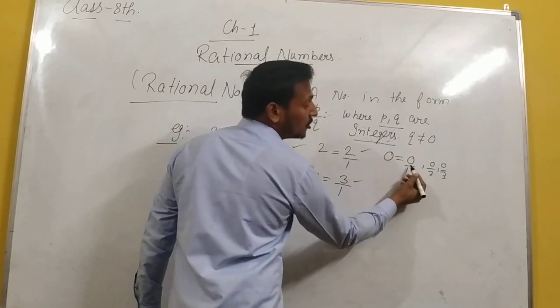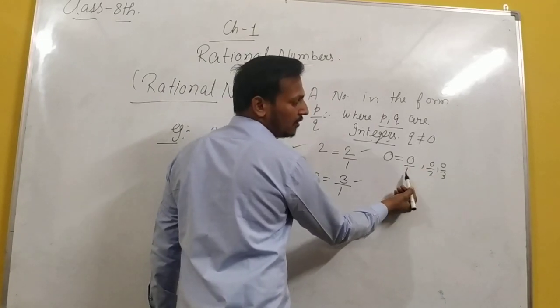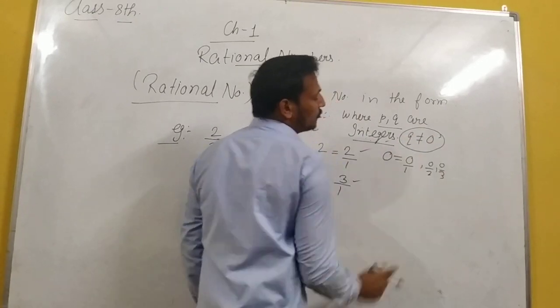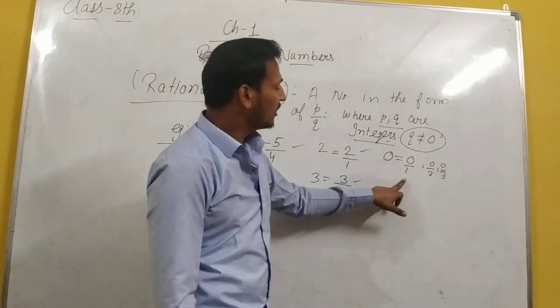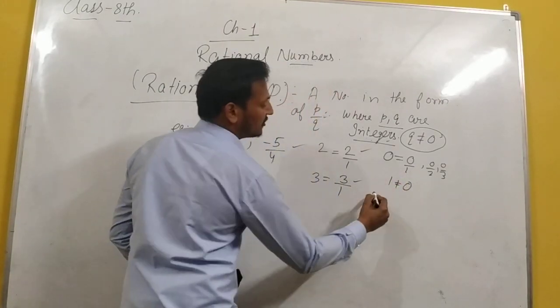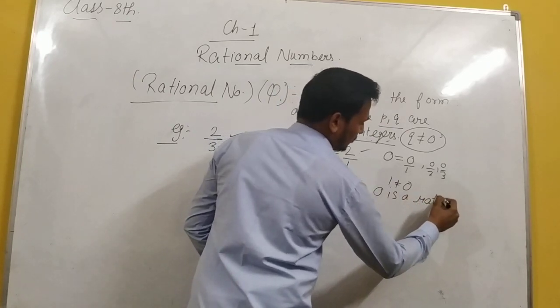Second thing, P and Q are integers. 0 is an integer, 1 is also an integer. The condition Q not equal to 0 is only for the denominator. Here 1 is not equal to 0. So we can say that 0 is a rational number.